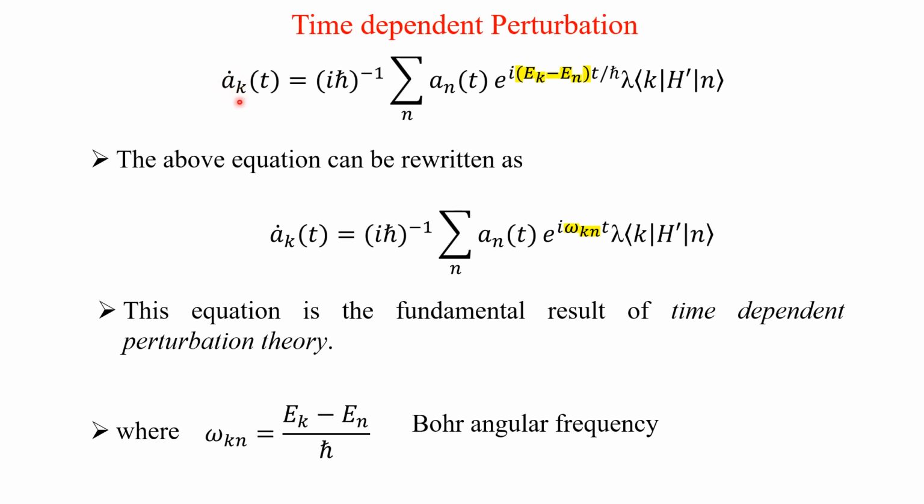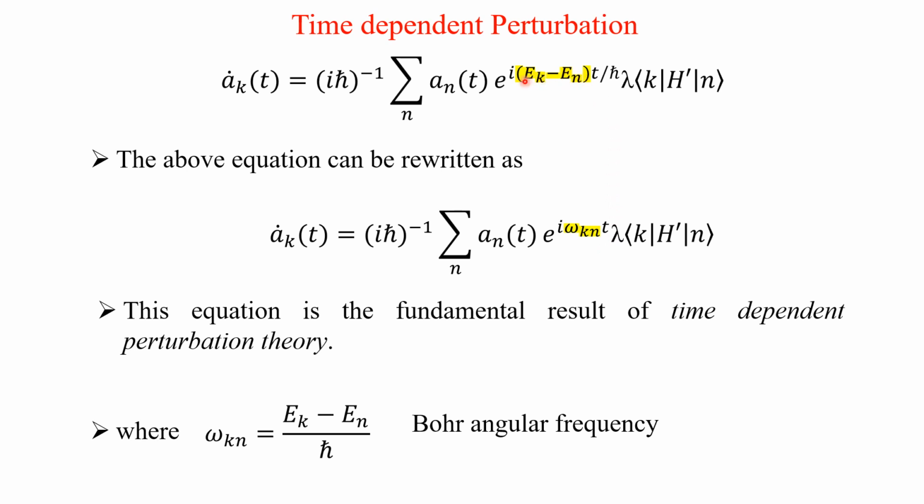Now we got this expression: a_k dot of t, which is a function of t, is equal to i h cross inverse, summation over n, a_n of t, e to the power i (E_k minus E_n) t over h cross, lambda times this inner product bra k H prime ket n. Here, E_k minus E_n divided by h cross can be written as omega_kn.